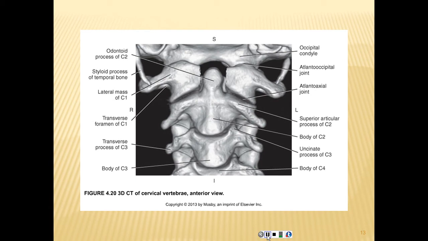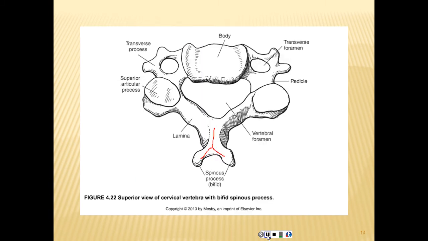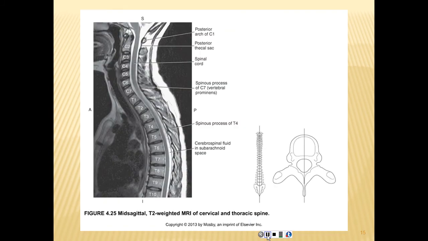Again, the atlanto-occipital joint is from the C1 and the base of the occipital bone. Then you got the C1, C2 joint, the atlantoaxial joint, in a superior view of the C-spine. You can see the transverse foramina and the bifid spinous process because it goes off in two directions.